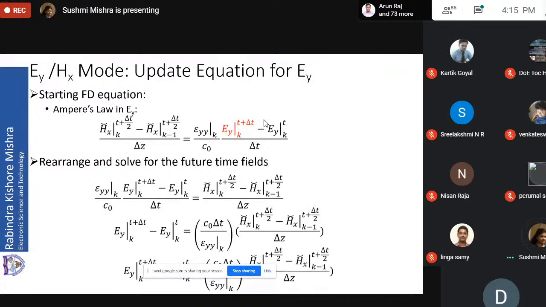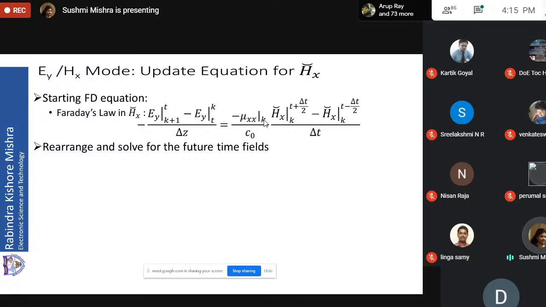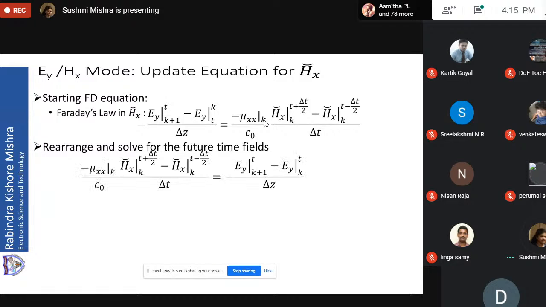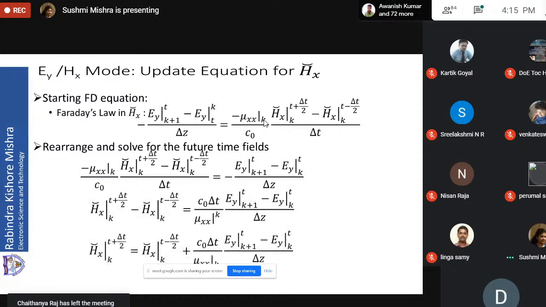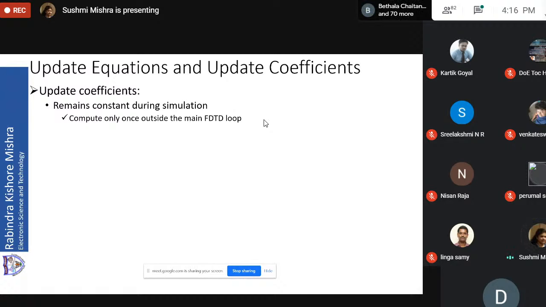Similarly, with a similar procedure, you will start from Faraday's law and go to the update for Hx. The equation will be here, same as in the previous case, and the same logic applies. So next. Now, as I told you, the coefficients are constant, so they remain constant during the simulation.